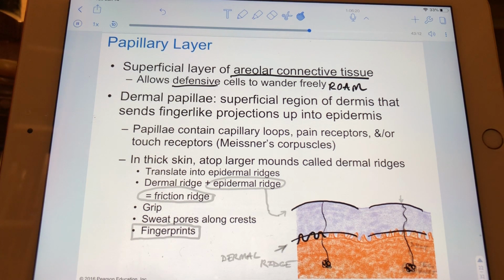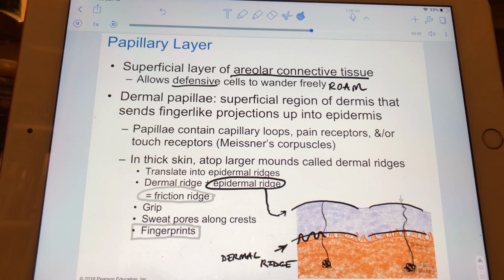And these are, unfortunately, labeled differently. So this guy here is a dermal ridge. And this guy here is an epidermal ridge.